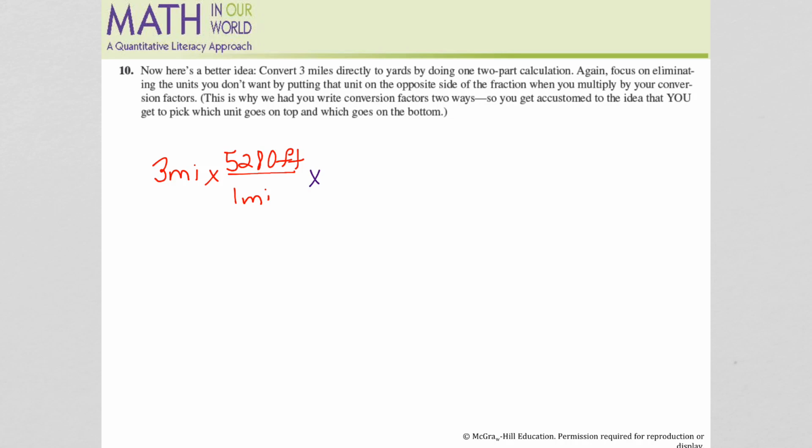And then in the same line, we're going to say, well, we know that 3 feet is 1 yard. And so here, miles cancel out, feet cancel out, and we're still given the same answer, 5,280 yards. So it may be easier or quicker for you to do it this way, whatever way works for you.